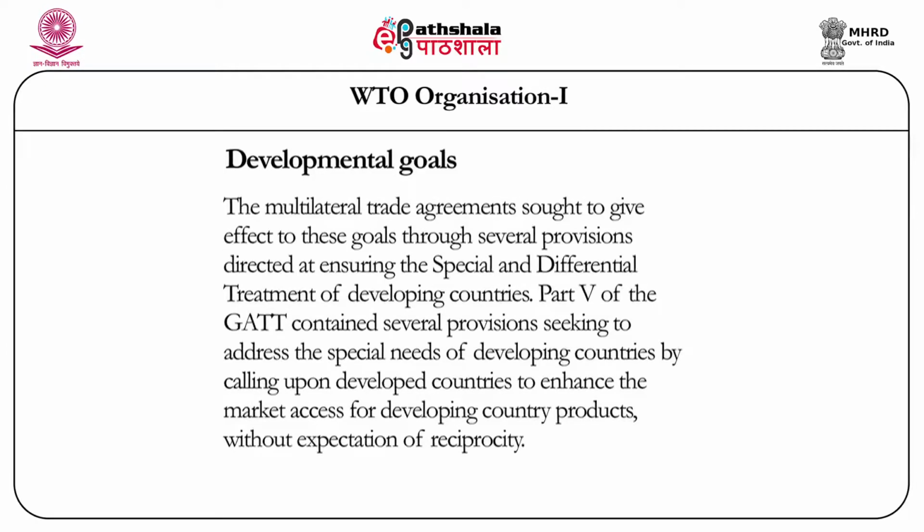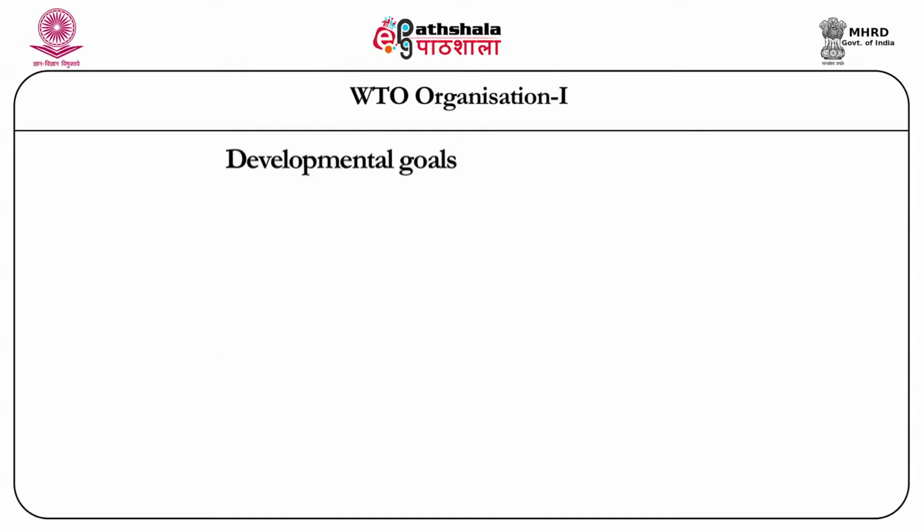The multilateral trade agreement sought to give effect to these goals through several provisions directed at ensuring special and differential treatment of developing countries. Part 4 of the GATT contains several provisions seeking to address the special needs of developing countries by calling upon developed countries to enhance the market access for developing country products without the expectation of reciprocity.